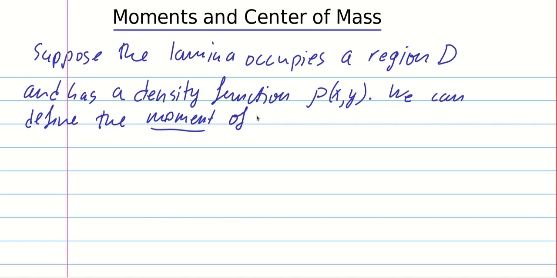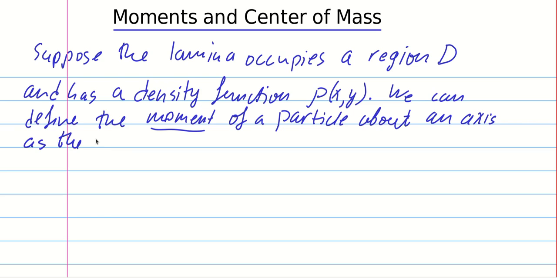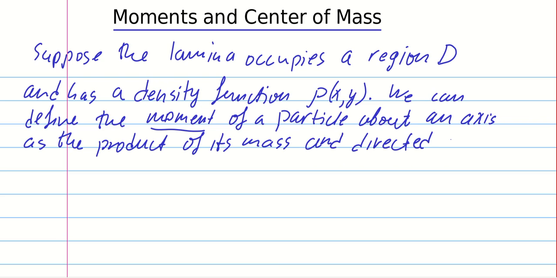So the moment of a particle about an axis is the product of its mass and directed distance from the axis.